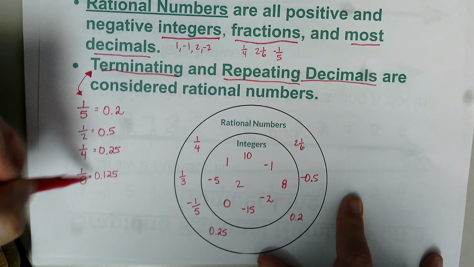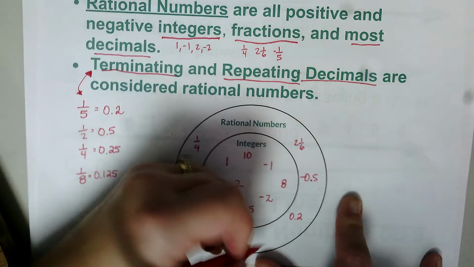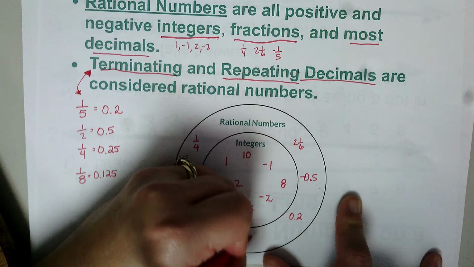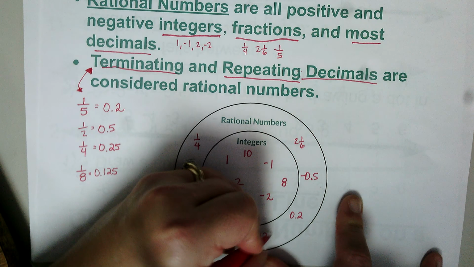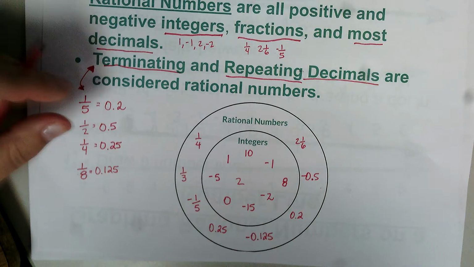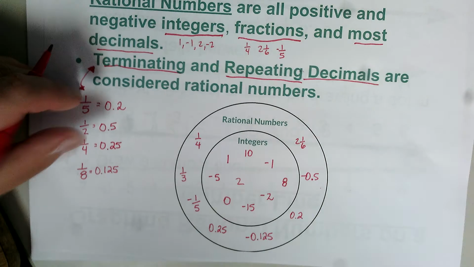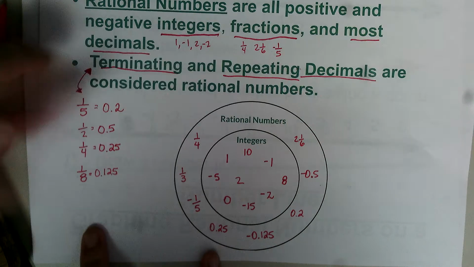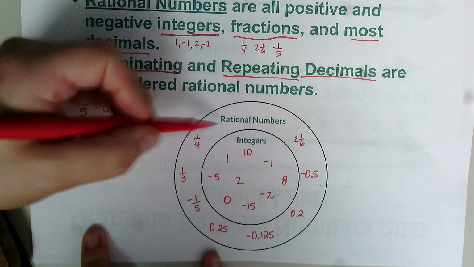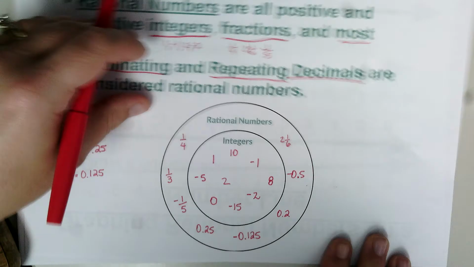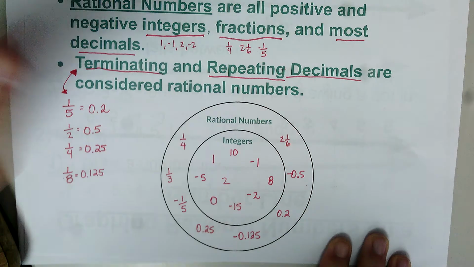We have -125 thousandths, so I'm going to make that negative because it doesn't matter, the positive or the negative, 125 thousandths. Okay, that's rational. All right, so we have covered that positive and negative fractions and decimals are considered rational numbers. And we've got this right here, it's called repeating decimals.